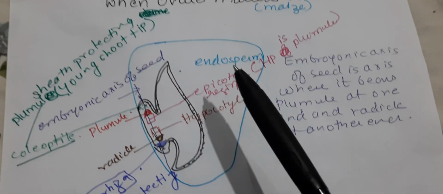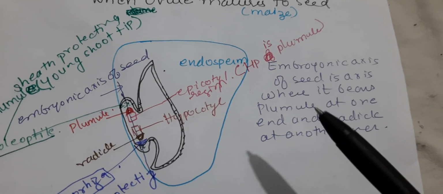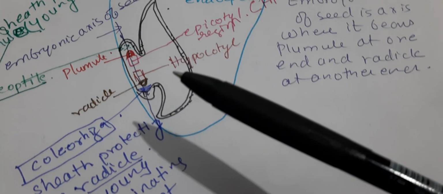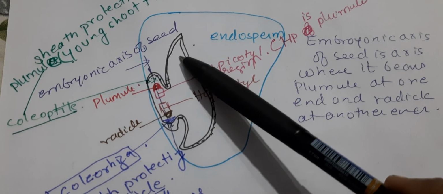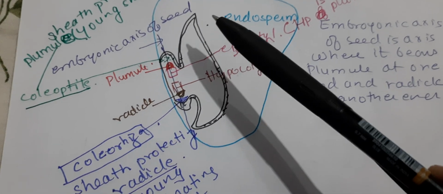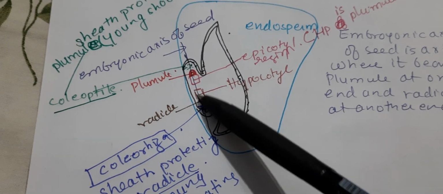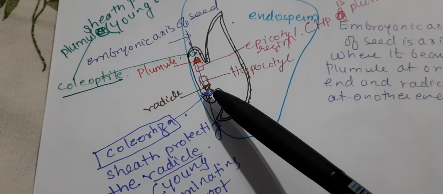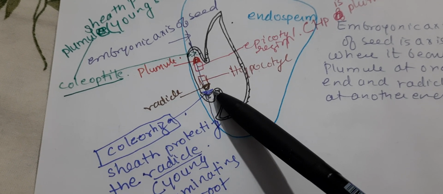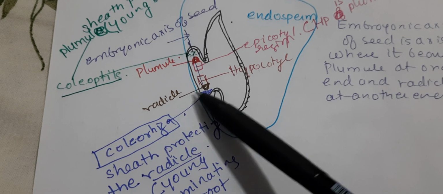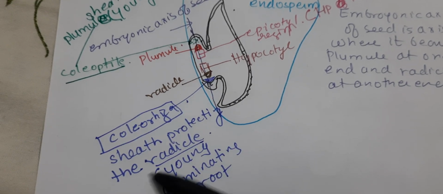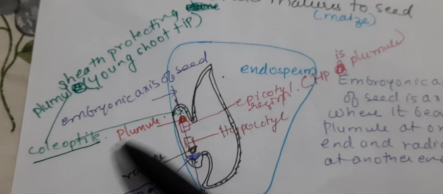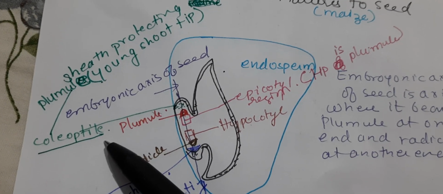Now the endosperm: in case of monocots, they are endospermic seeds. A large portion of the seed is covered by endosperm, and then you will see there is one cotyledon, and here you will see the embryonic axis, which bears the plumule at one end and the radicle at the other, and there are coverings which are usually absent in dicots. The radicle has a protective sheath called coleorhiza, whereas the plumule has a protective sheath called coleoptile.